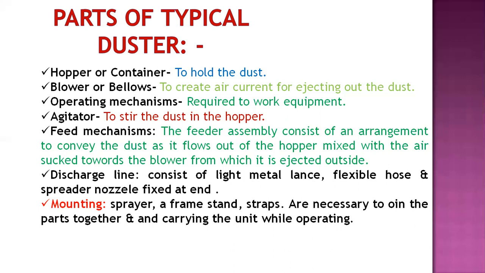Feed mechanism: it is the feeder assembly that conveys the dust as it flows out of the hopper and mixes with the air, which is sucked towards the blower from which it is ejected outside for uniform dusting. That is known as the feed mechanism. Then the discharge line consists of a light metal lance, flexible hose, and a spreader nozzle fixed at the end, which helps in distribution during dusting.